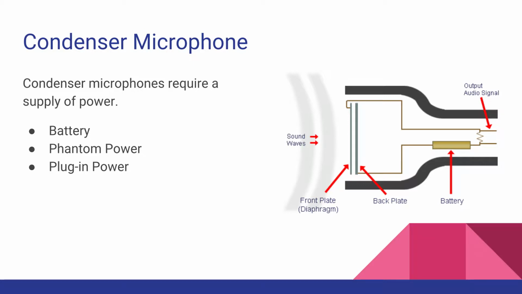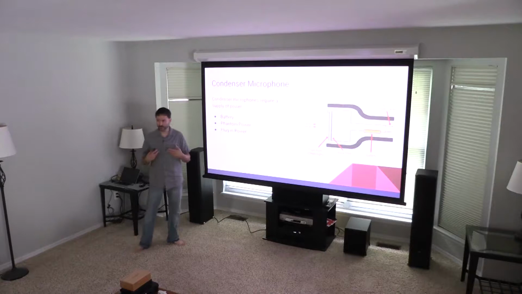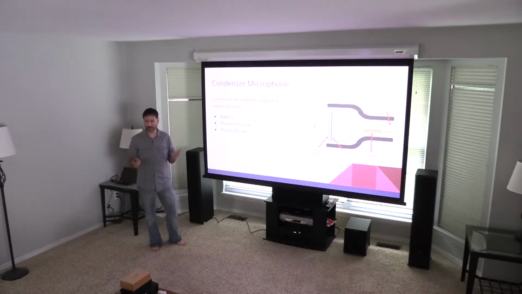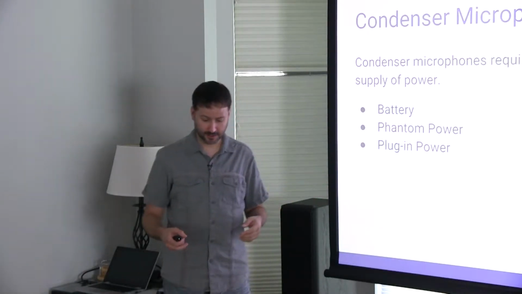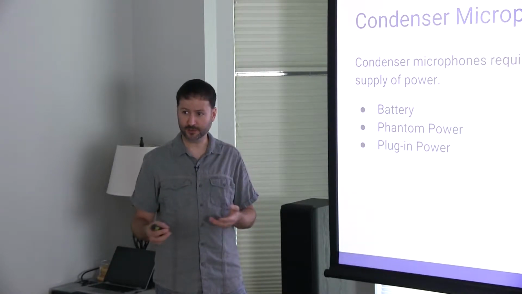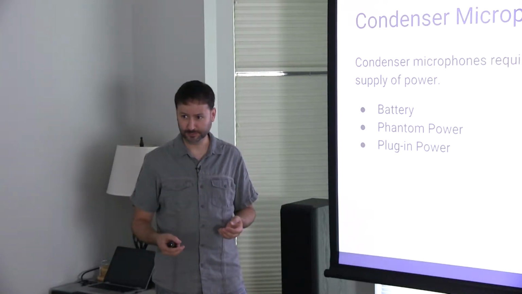Okay, so the main consideration we need to know about condenser microphones is that they require power. So there has to be some way to get power to it. You could buy microphones that have a little space to put a battery in. The most common strategy is to use something called phantom power, which is just power provided over the XLR connection.